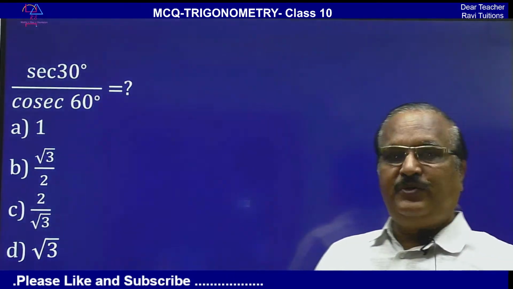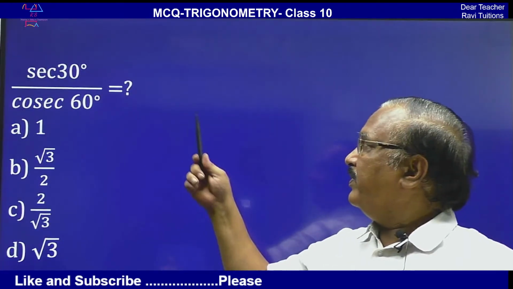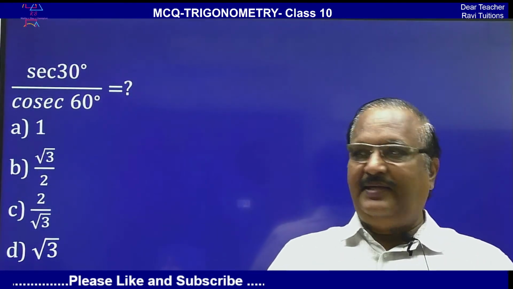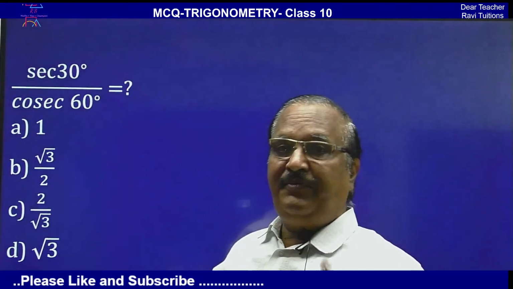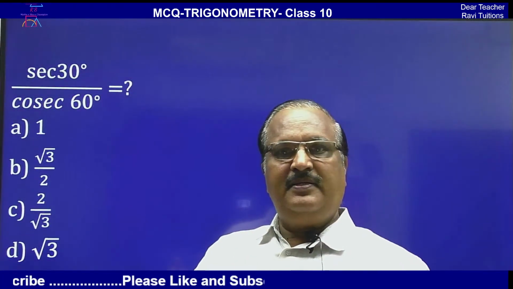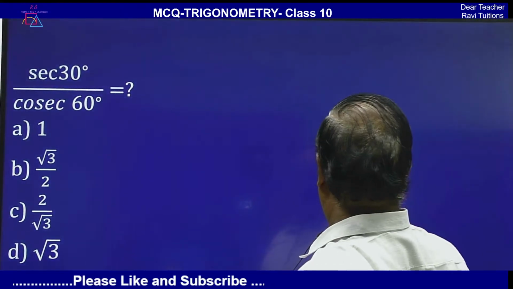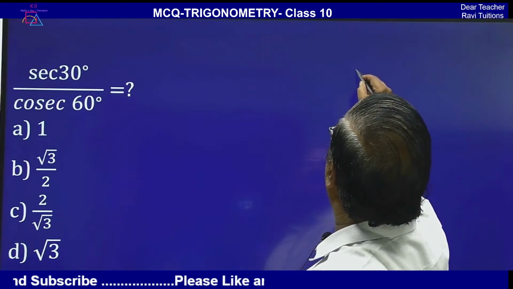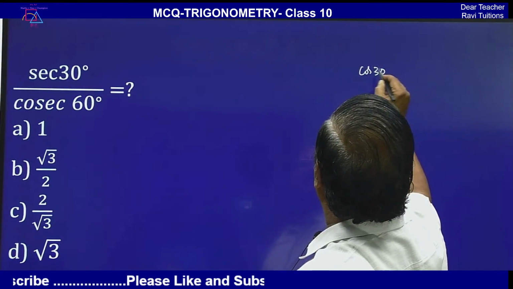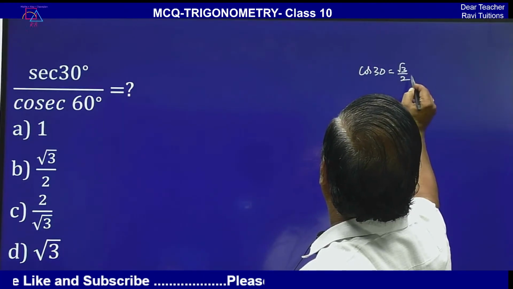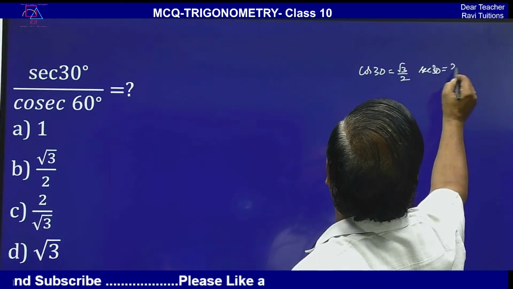Secant 30 by cosecant 60. This is related to angles. You have to remember the angles. There is no other way. If you remember at least sine and cos, then it's okay. Cos 30 is equal to root 3 by 2, so secant 30 is 2 by root 3.